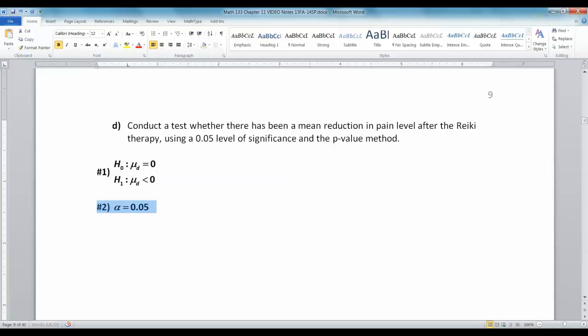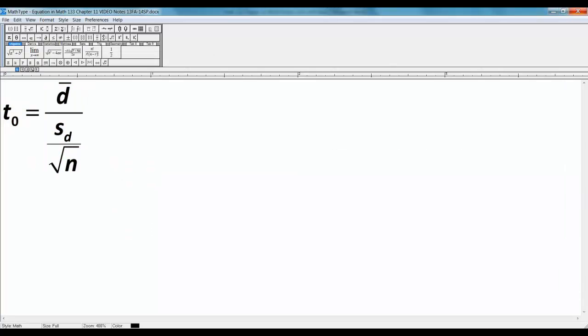Step number 3, all right, here's where the fun begins. We need that formula. So let me go grab it real quick. There we go. There's the test statistic formula from just a couple pages ago with the hypothesis test all written out. Now, we already figured out this value. It was negative 1.923. We'd run one variable statistics on it.